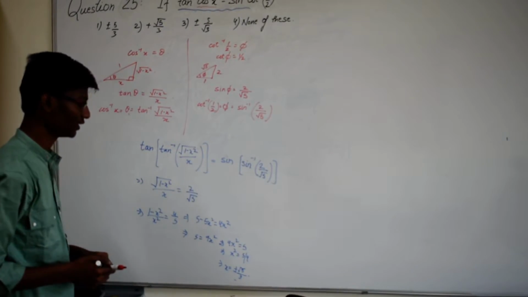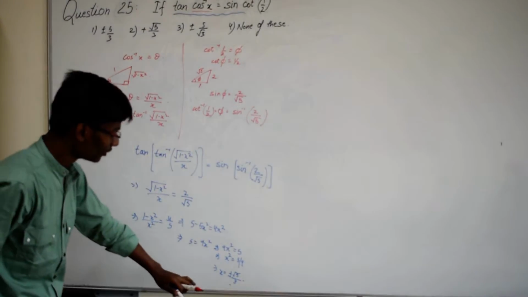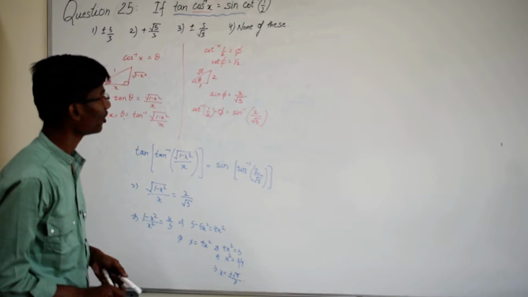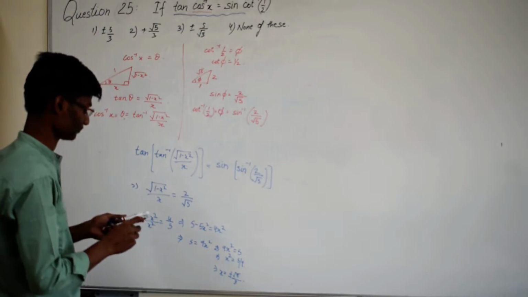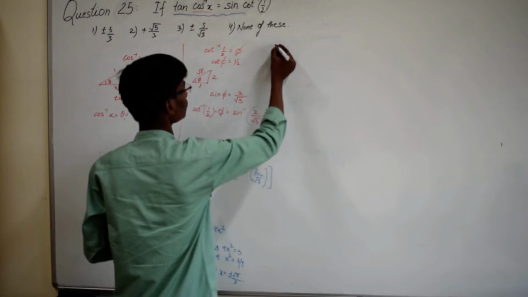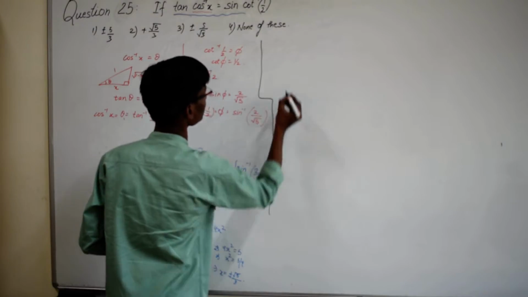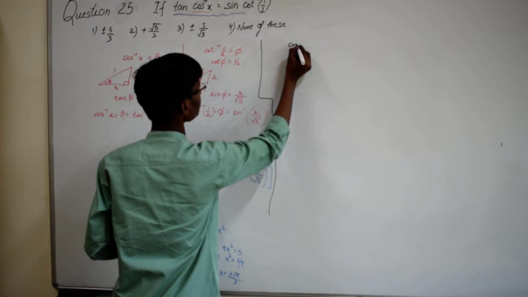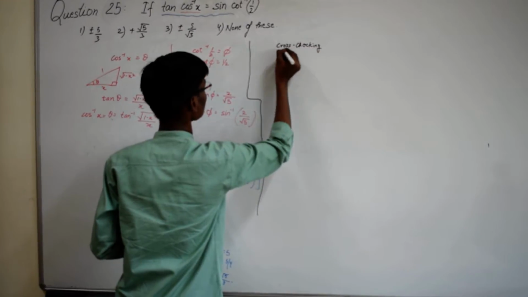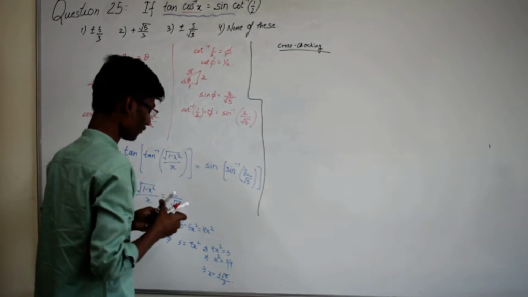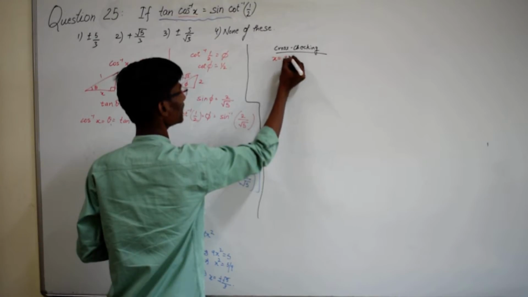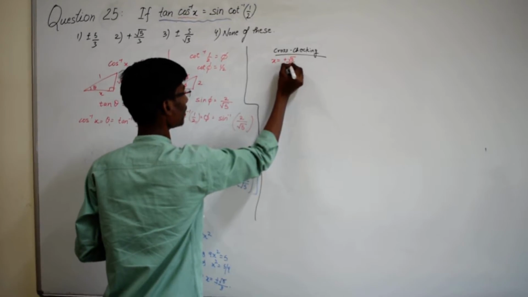We are getting two values here. Whenever a required value is evaluated, always cross check it once. So I am cross checking it. First, take x equals plus root 5 upon 3.